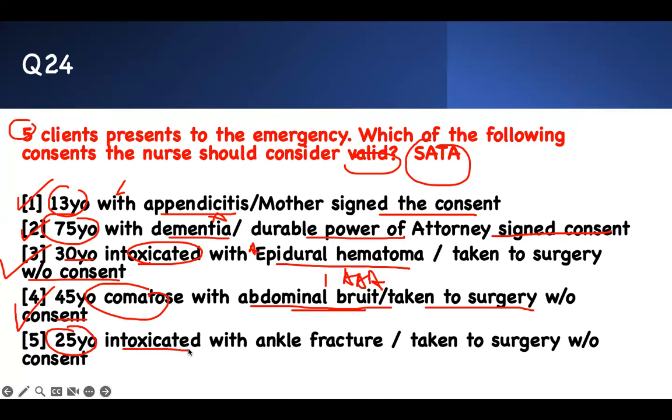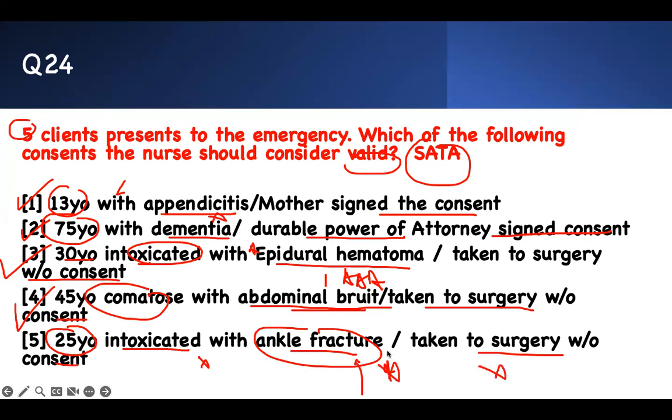25-year-old intoxicated with ankle fracture, taken to surgery without consent. This was a trap. We have to call and see if we can find family. This ankle fracture is not going to kill them. It's not something that will kill them. So we have opportunity to call. I have to ask the doctor, hey, this is an ankle fracture.